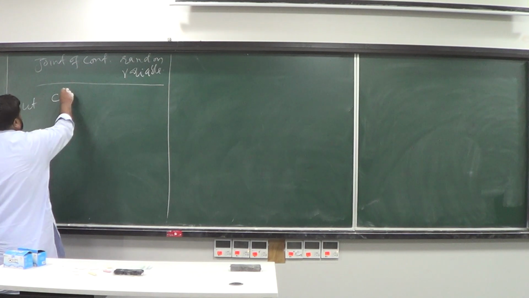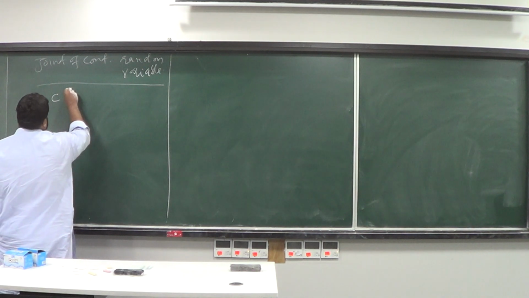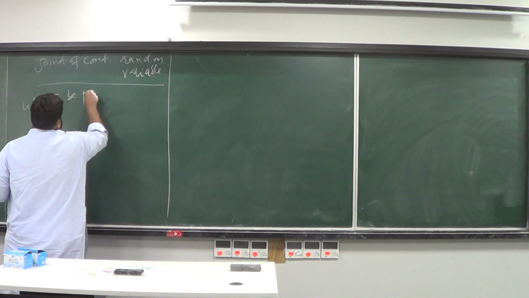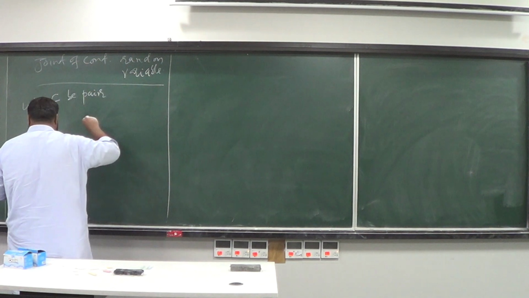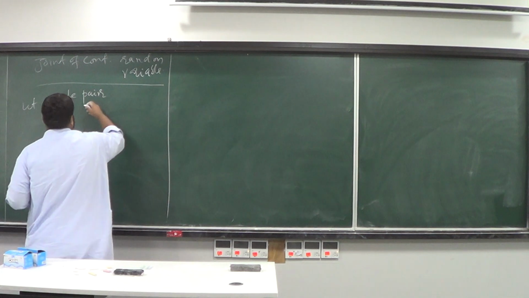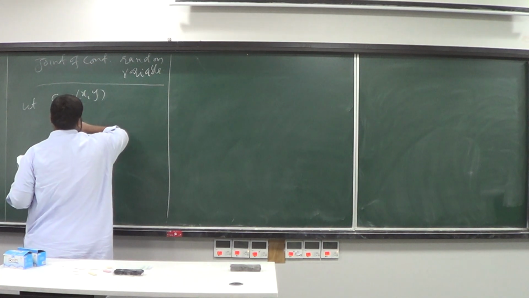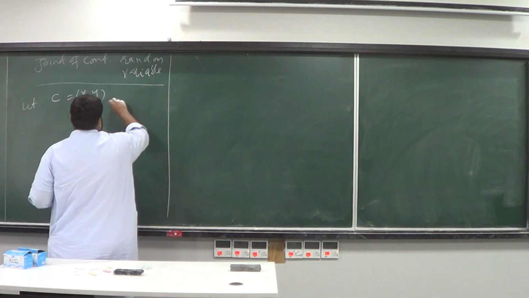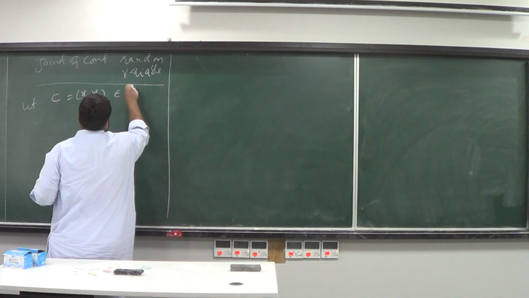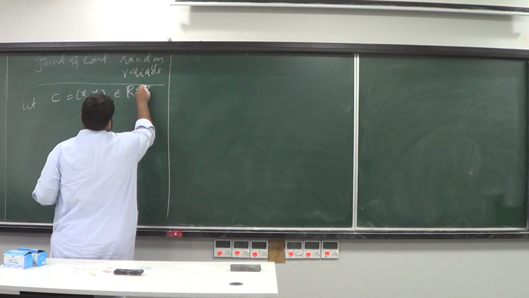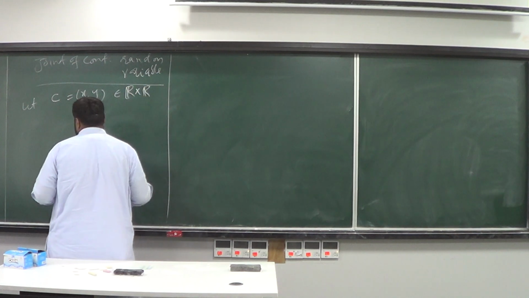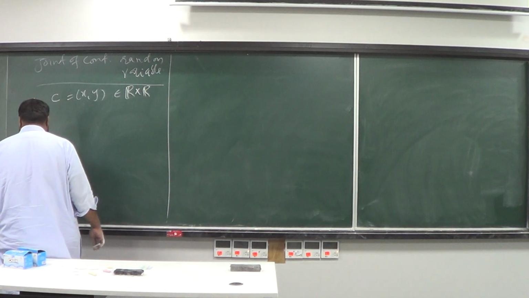Let C be any pair of random variables, any pair of real numbers. Imagine that it's an ordered pair (x, y). But now the random variables are being chosen from R to R, and they are continuous.